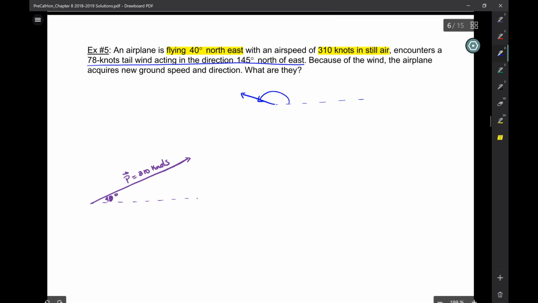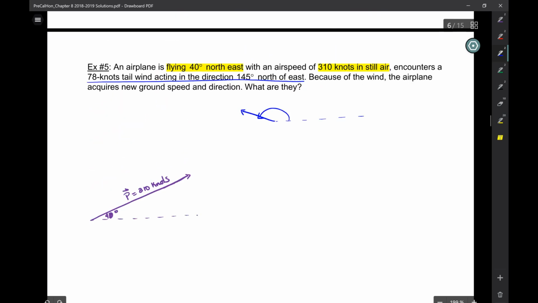If east is this way, 145 degrees north of east is that way. The purple is only 40 degrees north of east. Now, if you were to go 40, 90, 145, then you're going that way.